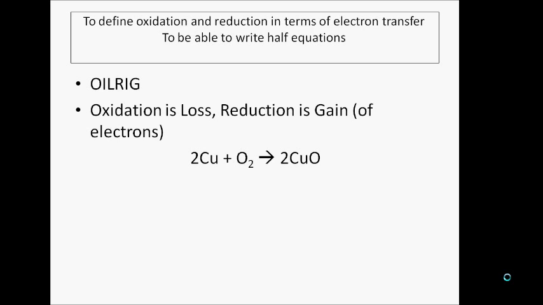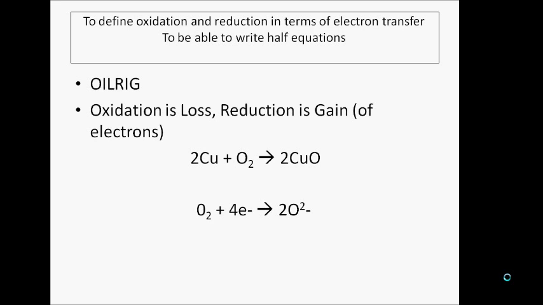A half equation, as you can imagine, is half an equation. So you have one for the oxidation and one for the reduction. We can break this equation down into 2 half equations. The first one we can look at is the oxygen. The oxygen on the left hand side starts off as O2.